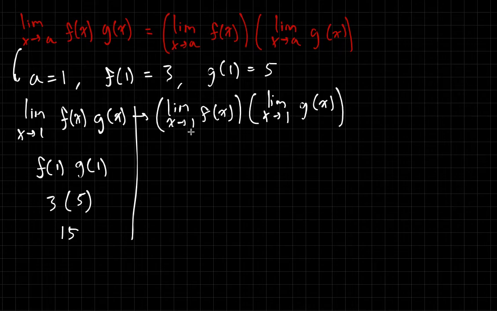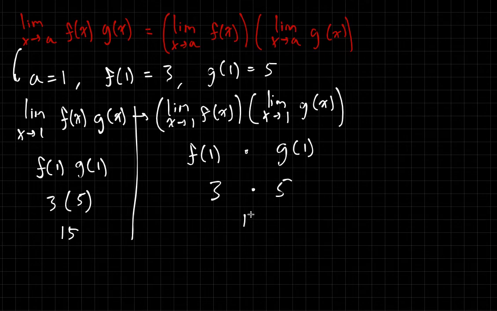So let's see if it works. This first limit, all we're doing is plugging in 1 into the function. So that would just be f of 1. This one right here is g of 1, right? f of 1 times g of 1. f of 1 is 3. g of 1 is 5. So we get 15 again. So you can see this property checks out here.